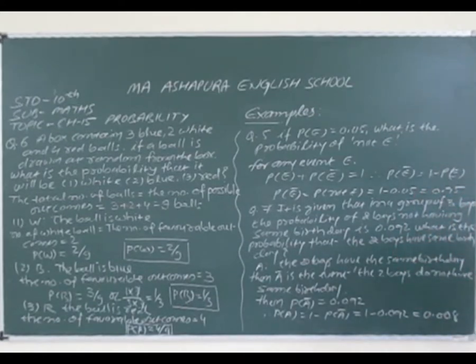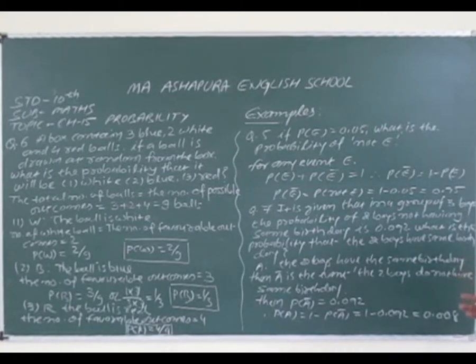Once again, write down and understand carefully. First of all, the first detail is a group of 3 boys. The probability of 2 boys not having the same birthday is 0.092. And we want to find out the probability that the 2 boys have the same birthday.